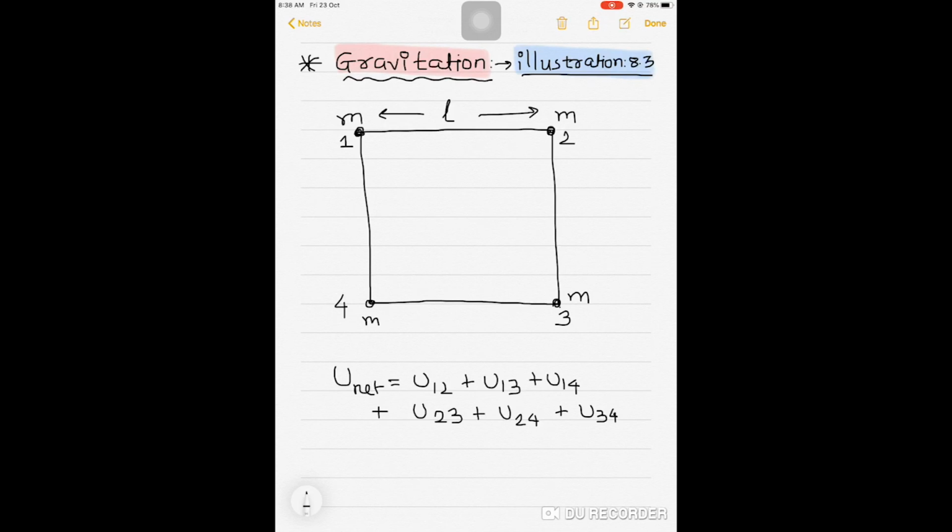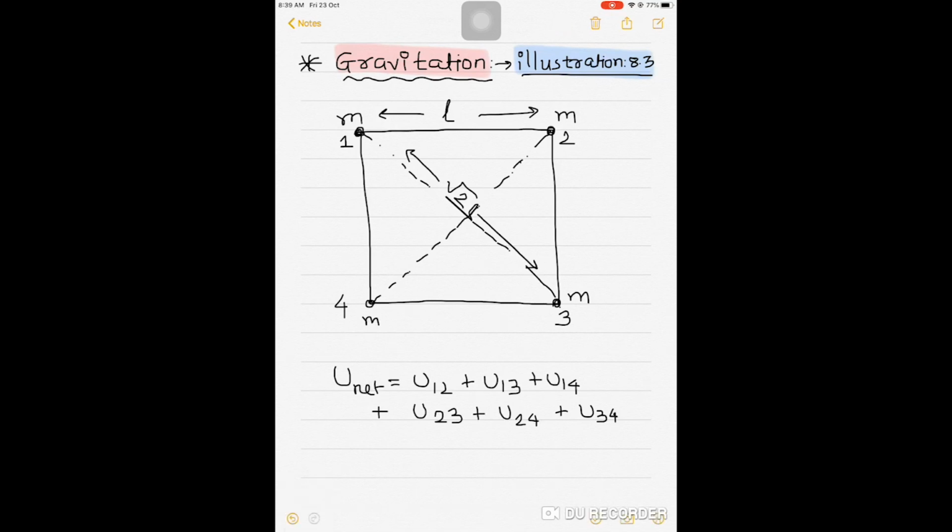So these are basically the 6 pairs on the basis of which we need the potential energy. Now we connect these lines as shown in the figure; the diagonal distance will be root 2 l, and the sides of the square are of length small l.